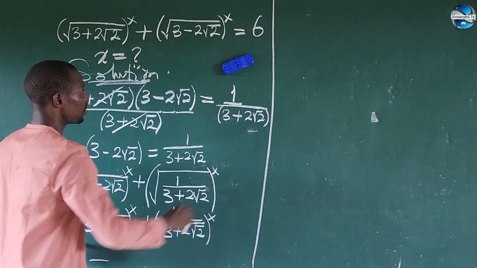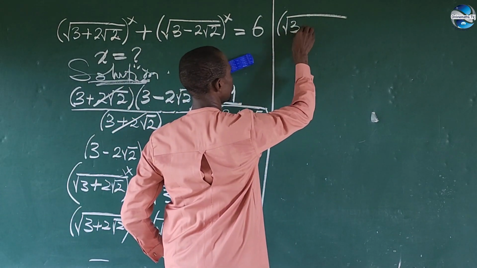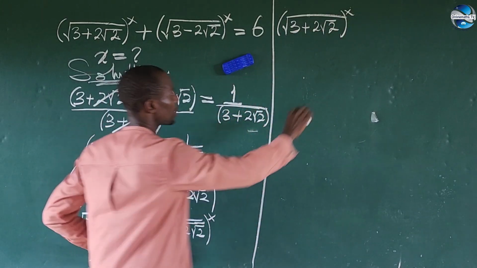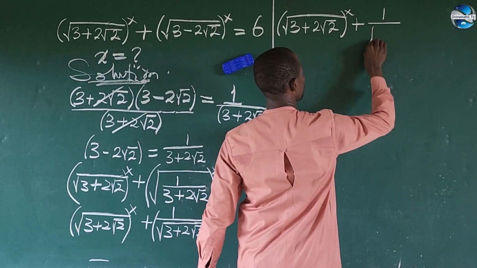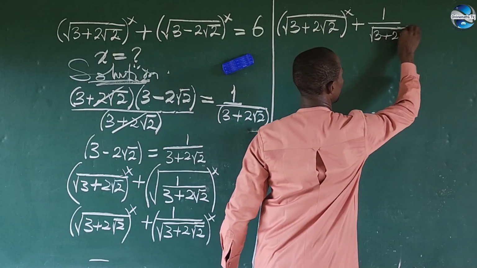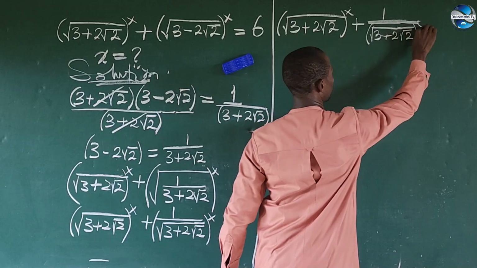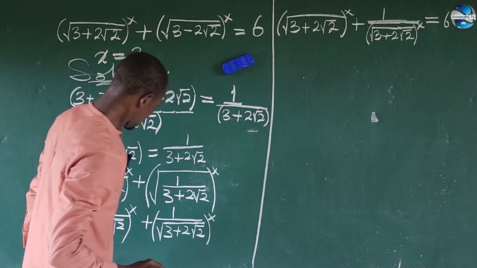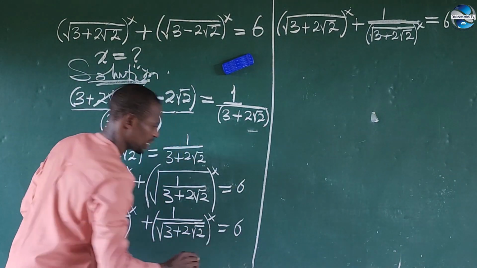So rewriting this, we have the expression to be bracket the square root of 3 plus 2 root 2 to the power of x, plus 1 all over the square root of 3 plus 2 root 2, bracket all to the power of x, everything equal to 6.